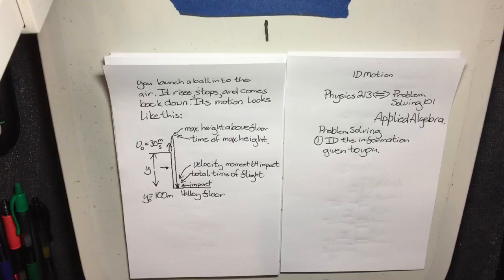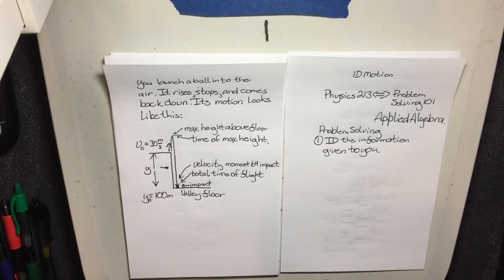There are 3 points. There's the initial point, the point at which it's launched. The second point, the top of the curve. The final point, the ground.